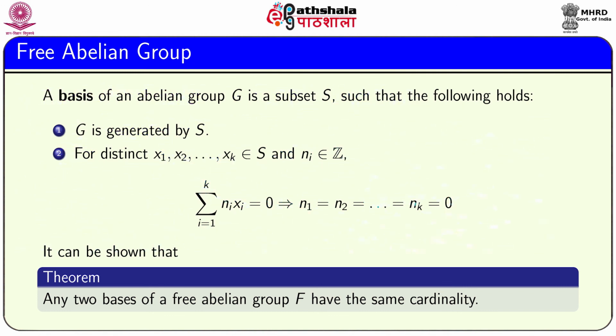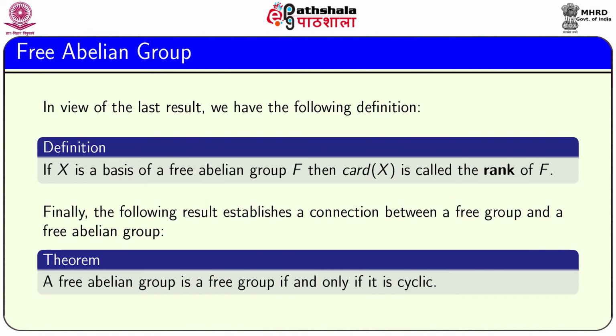It can be shown that any two bases of a free abelian group F have the same cardinality. In view of the last result, we may define the rank of a free abelian group F as follows: if X is a basis of a free abelian group F, then the cardinality of X is called the rank of F.